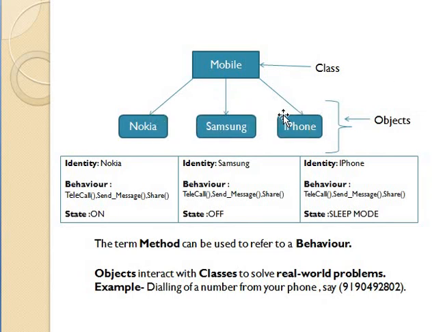All these types of mobile phones, which are considered objects of the class mobile, have the same behavior, that is calling, sending messages, and sharing. We can also use the term method to refer to behavior.